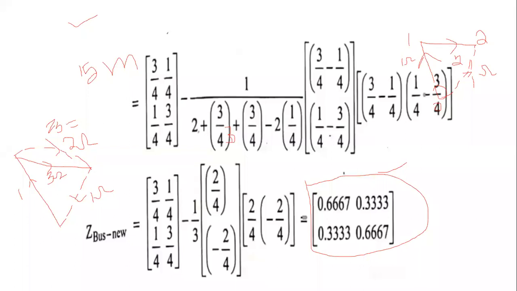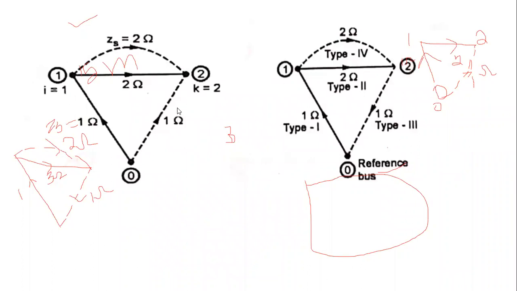After completing the Z-bus building algorithm, we can write the graph and the subgraph like this. We draw the graph and subgraph for this network and mention that this element is a type 1 modification, this is type 2, this is type 4, and this is type 3.